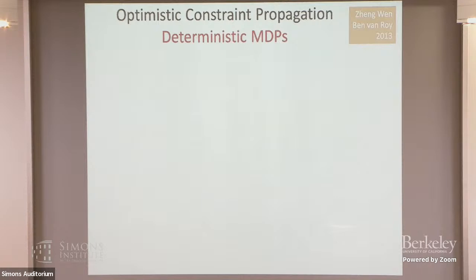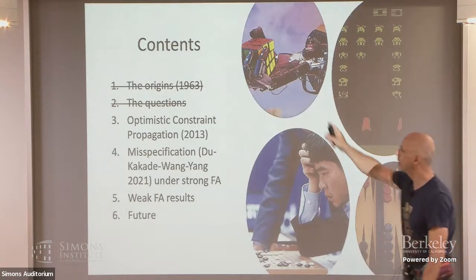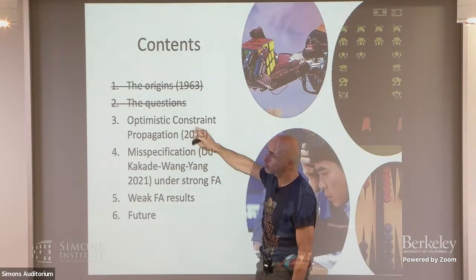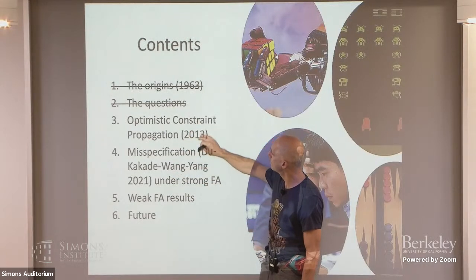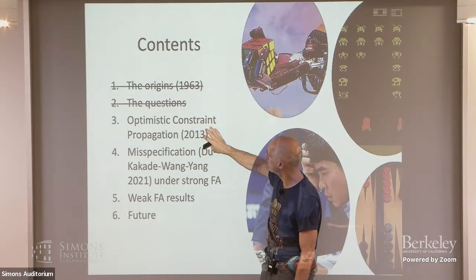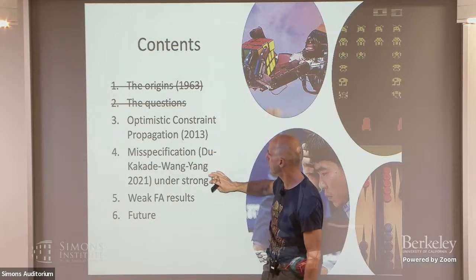All right, back to the content. We are done with these first two things, and I told you in the panel you have to concentrate on algorithms, so I'm going to focus on some algorithms. I will talk about optimistic constraint propagation, an algorithm by Zheng Wen and Ben Van Roy from 2013, which addresses this problem in the deterministic setting.